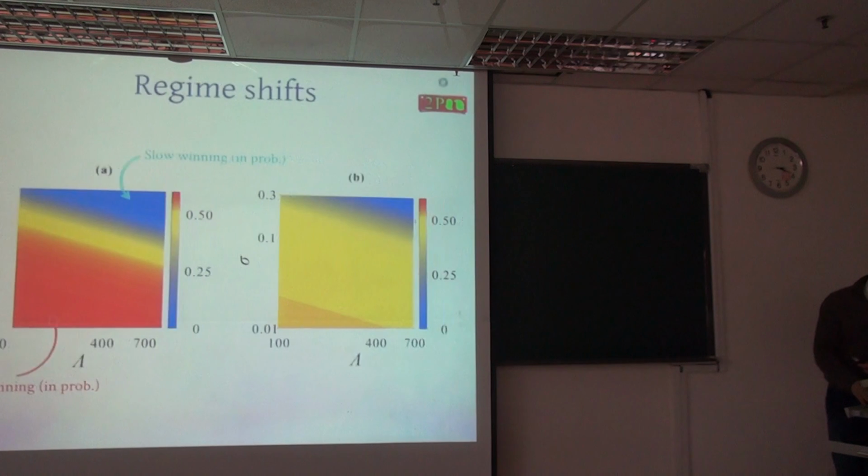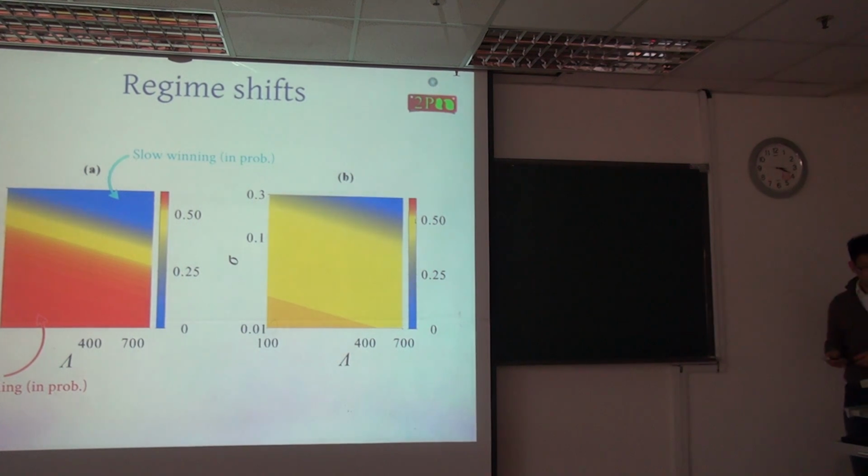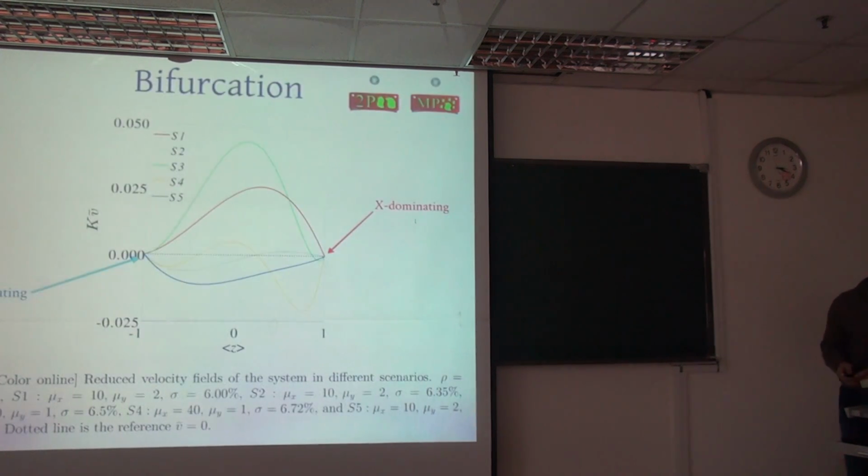All right. So then we can predict the regime shift, which is a reproduction of David Kessler and Leonard Sander. And what we can also do is to predict the bifurcation.